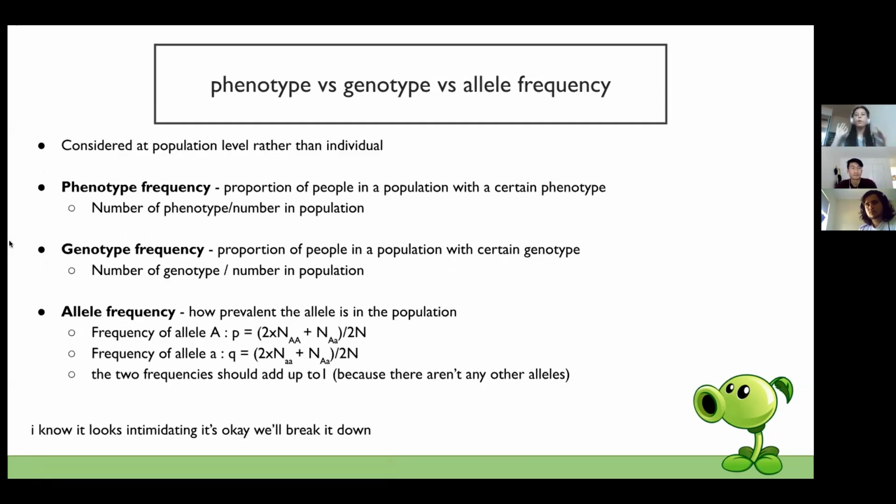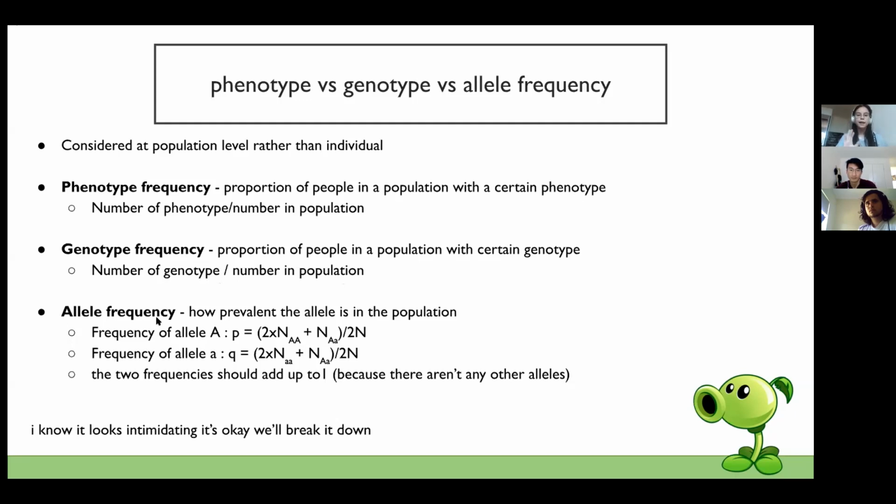So when we're talking about population genetics, we're considering the frequency at a population level rather than just looking at one individual. So phenotype frequency is the number of people in the population that has a certain phenotype. So this is the equation here, simple enough. Similarly, genotype frequency is the proportion of people that have a certain genotype. So number of people with genotype over the total number in the population.